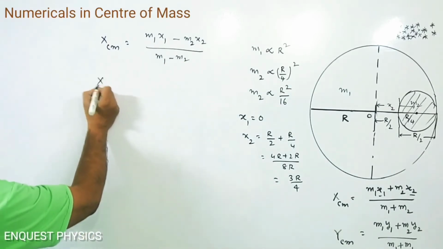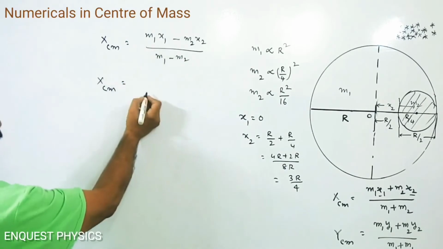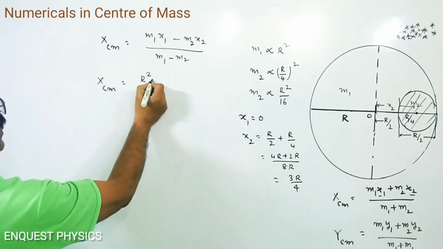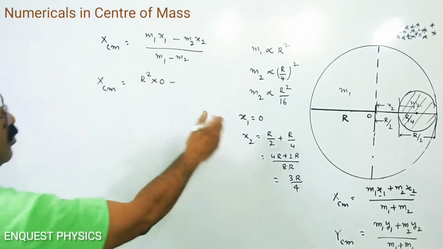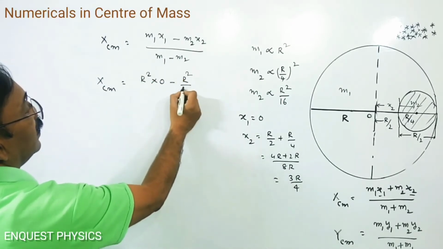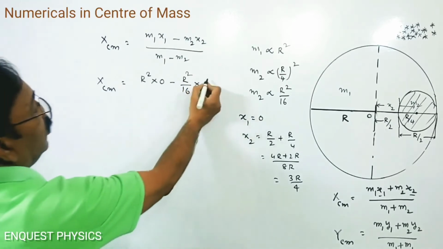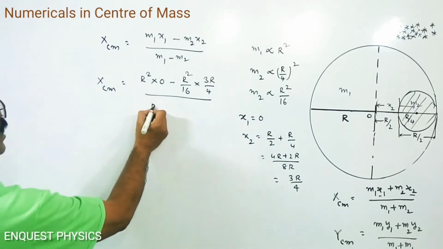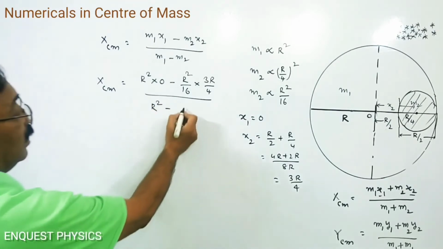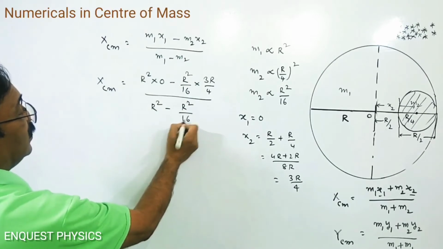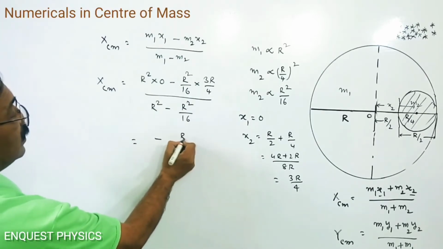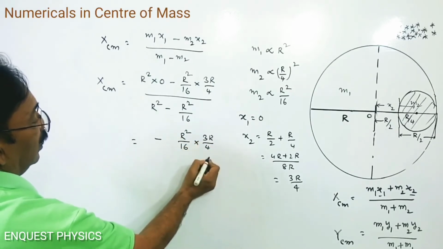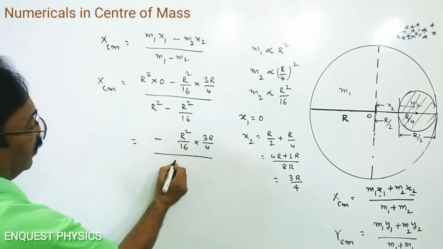That is xcm is equal to (m1 is proportional to r squared and x1 is 0) minus (m2 is r squared by 16 into 3r by 4) upon (m1 is r squared minus r squared by 16), that is minus r squared by 16 into 3r by 4 divided by 15 r squared by 16.